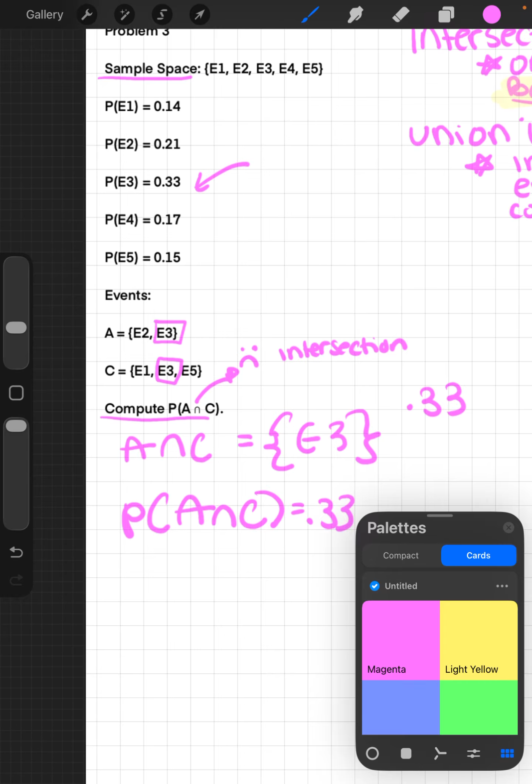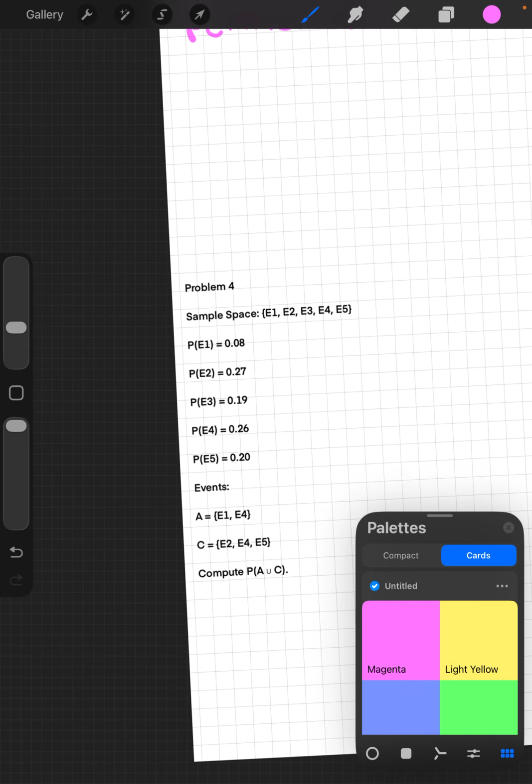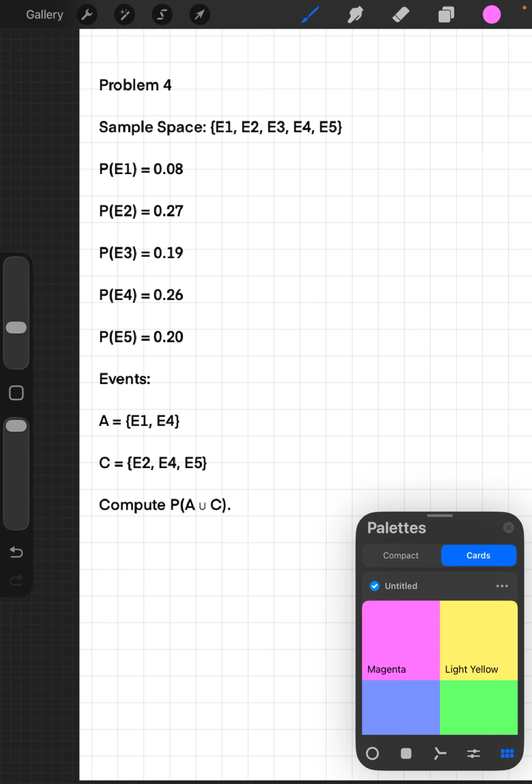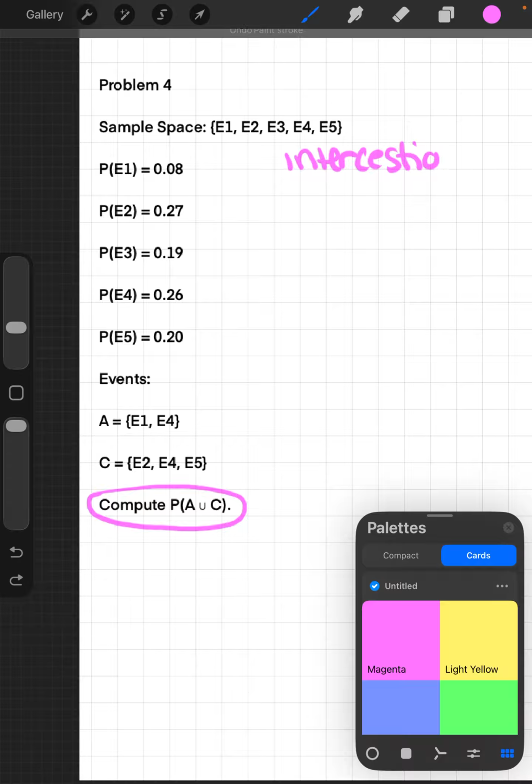Now I'm going to do the 4th question. I think these are more complicated, if I'm honest. First, I'm going to look at it, and then I'm going to find the intersection. Remember, intersection, I think I spelled that wrong, intersection.